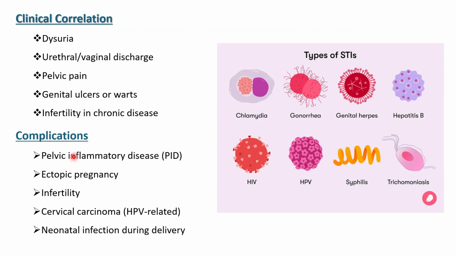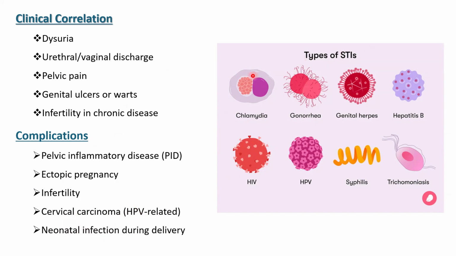And so the person might have complications such as pelvic inflammatory disease, pregnancy complications, infertility, cervical cancer, which is caused by human papilloma virus, and then neonatal infection, especially by Neisseria gonorrhoeae, which can lead to ophthalmia neonatorum, infection of the eyes of the newborn child by Neisseria gonorrhoeae.